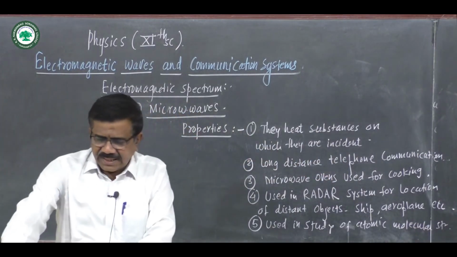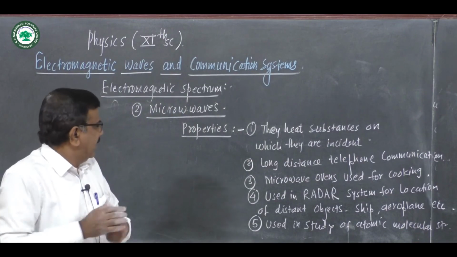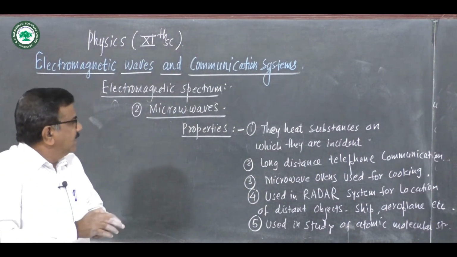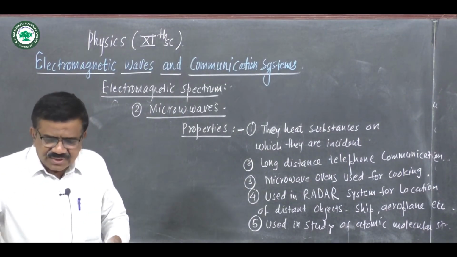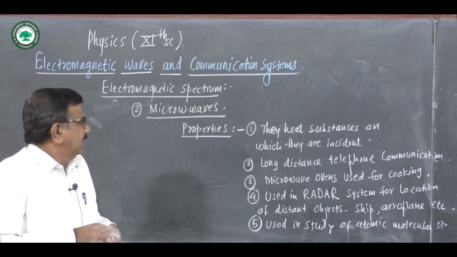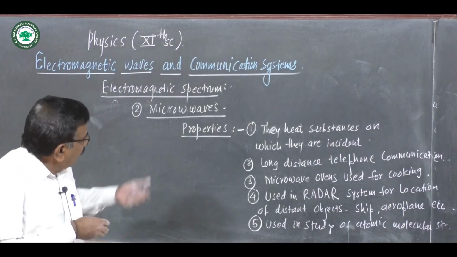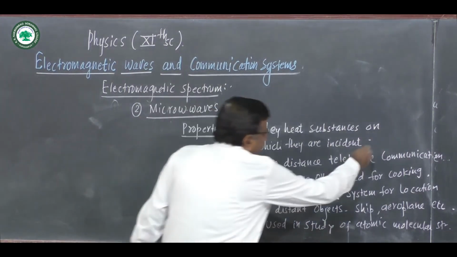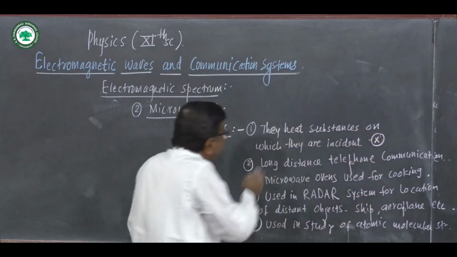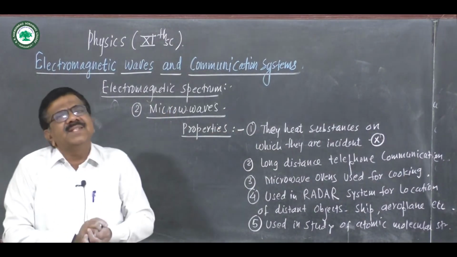They are used in cooking and transmission of television signals. Incident on a substance, it can be heated. Also long distance communication. In properties, the first property is they hit the substances on which they are incident.